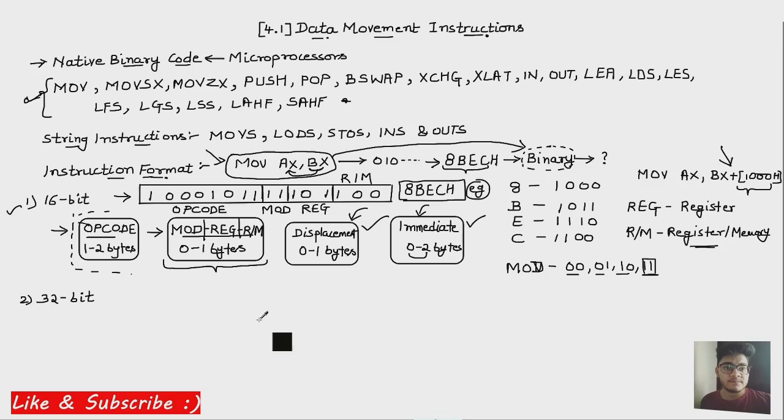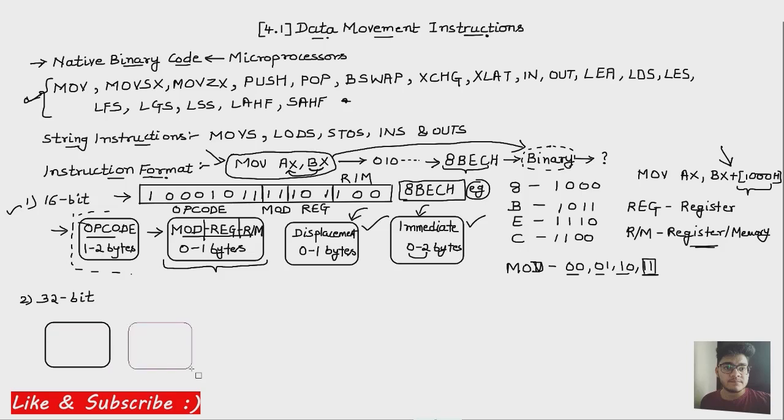Now let's focus on the 32-bit. In 32-bit we have first of all 6 sections here. Sorry, 7 sections. The first section is here.